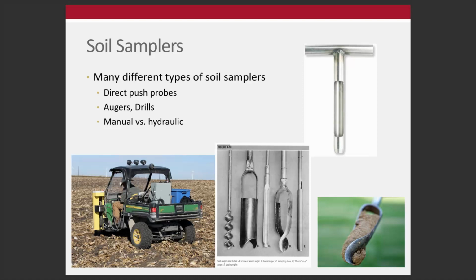They've got automated soil samplers. This is a Wintex machine coming out of Iowa, and there's a probe here. He presses a button, the probe goes down, pulls a soil sample, dumps it, and then he moves to another place in the field. So this really helps automate the process.